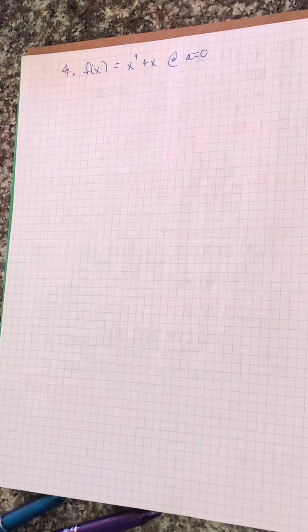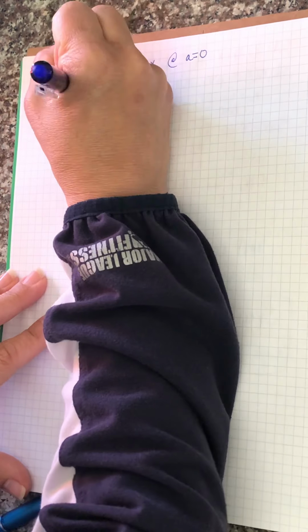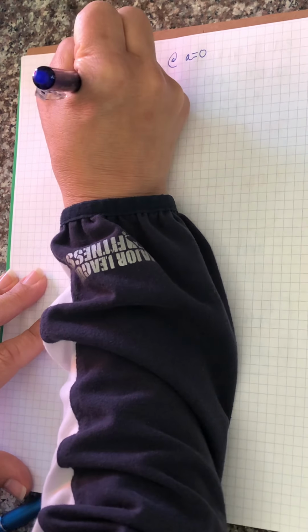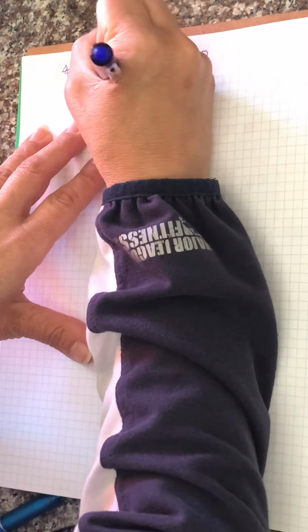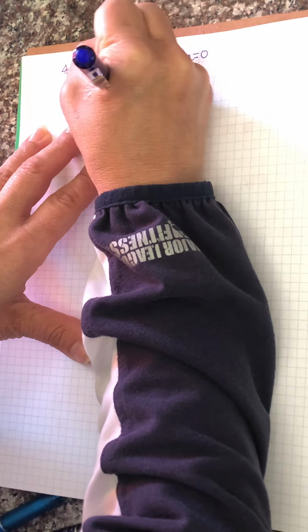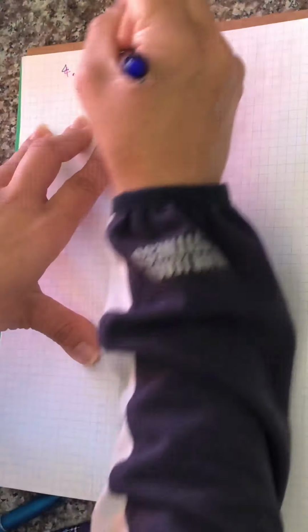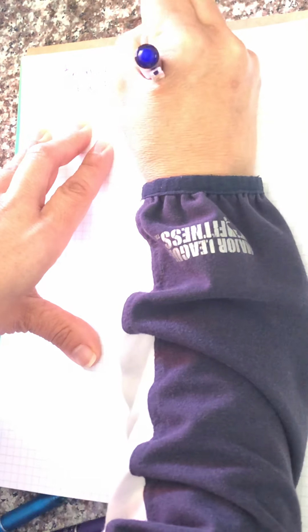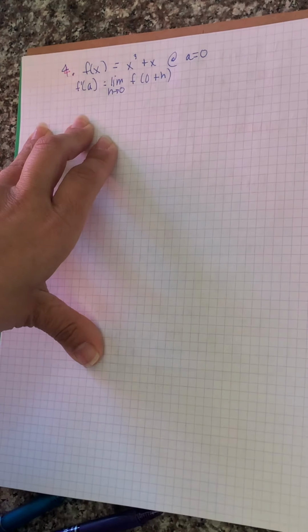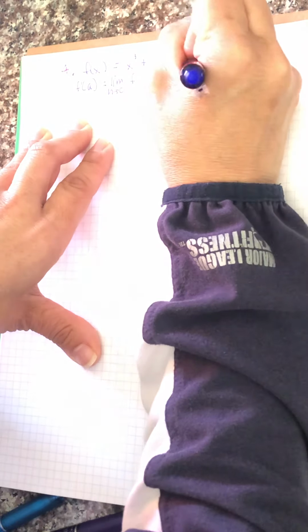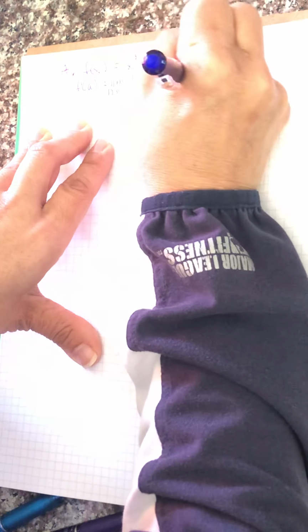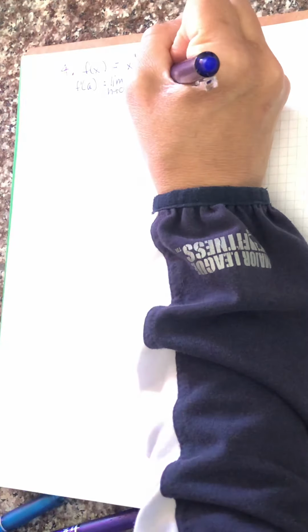Now, you'll notice that the directions say they want you to use the formula, the definition: f of a, which is 0, plus h, minus f of 0, all over h.